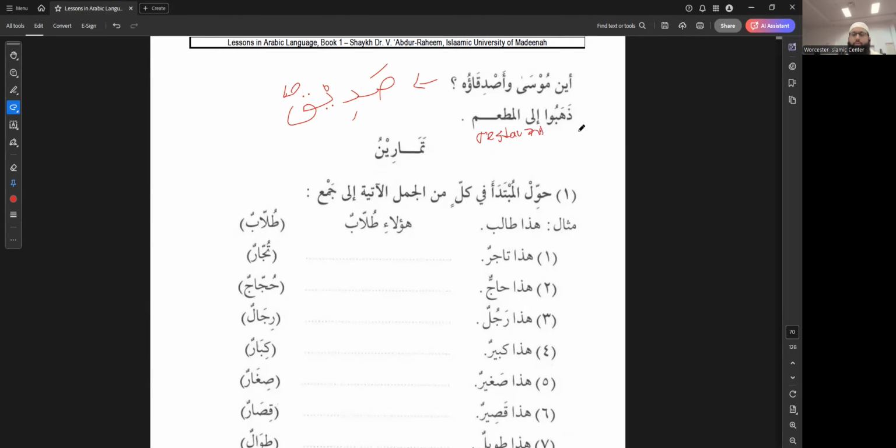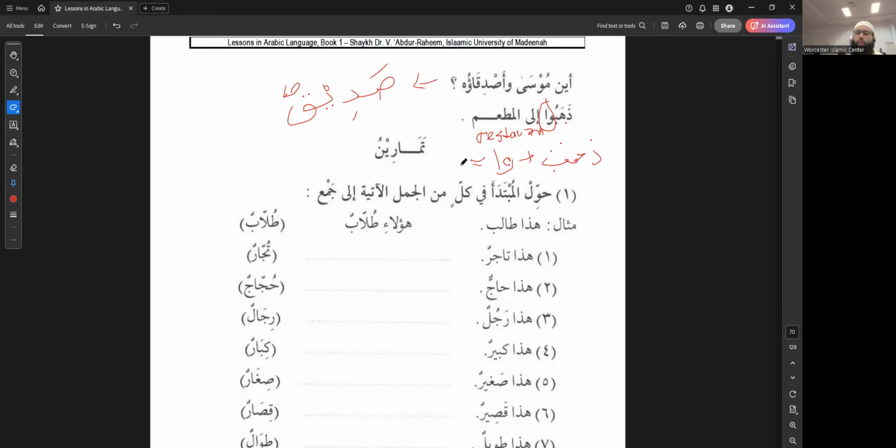Wow. Okay. What does ذهبوا mean? Went. They went. So you have dhahaba, and then you add the waw alif, dhahabu, that is for hum in the past tense.